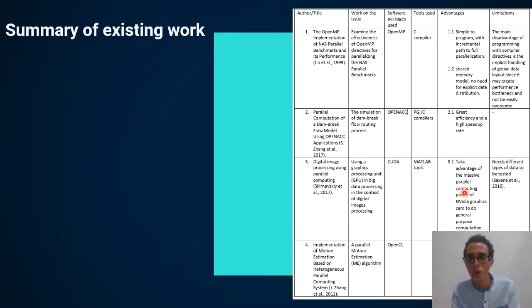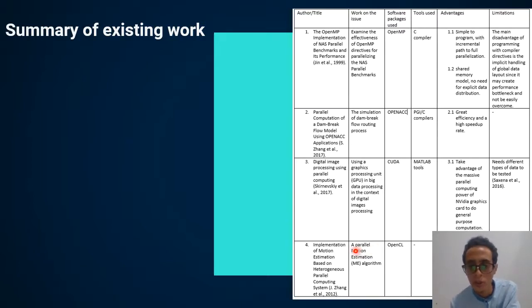The benefit of the research outcome is that they take advantage of the massive parallel computing power of the Nvidia graphics card to do general purpose computation. As for the limitation, they need a large or vast amount of different types of data to test against their algorithm.